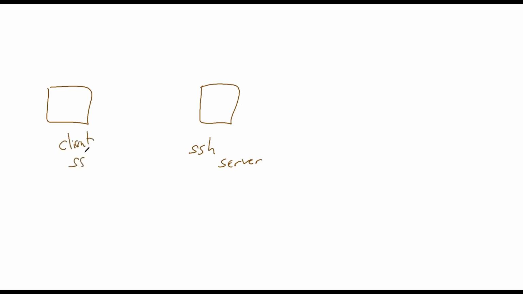So SSH is pretty similar. There's nothing really going on. The only difference is, of course, now it's going to be SSH on the server side, so you have to start the SSH server. On this side, it's going to be the client SSH. Again, the session is defined by the IP and sequence numbers.